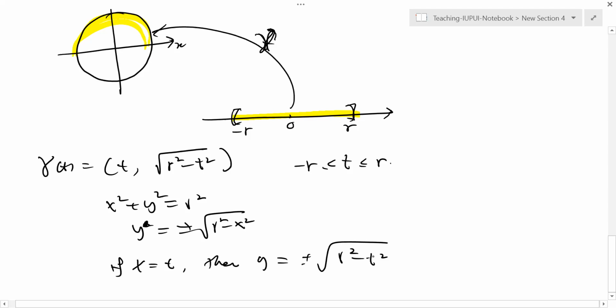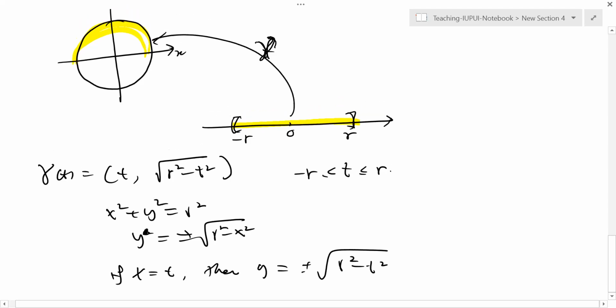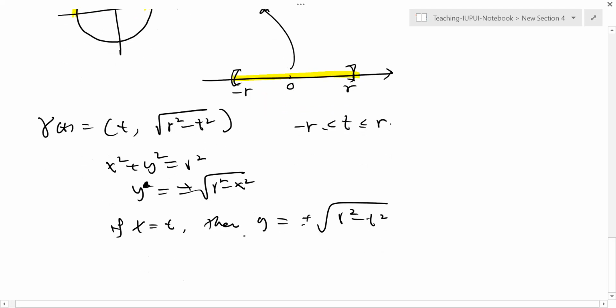Now, if you choose a positive, then the image is going to be the upper semicircle. If you choose a negative, then the image is going to be the lower semicircle. So in the positive case, the image will be the upper semicircle.